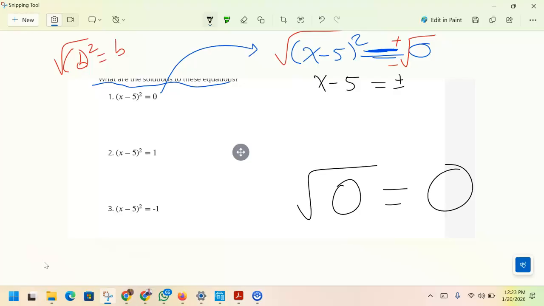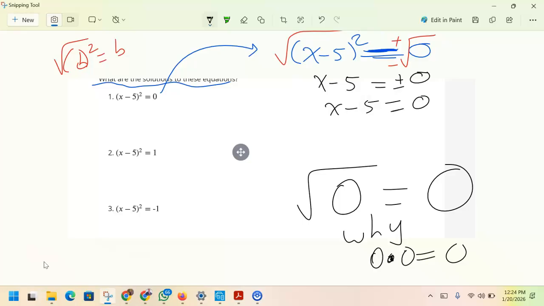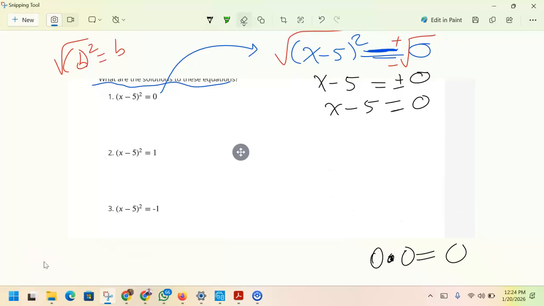It is 0, because 0 times 0 is 0. So we say this answer is 0. It doesn't even matter: plus or minus 0 does not have a sign, so just put a 0 like this. Then we add 5 to both sides.